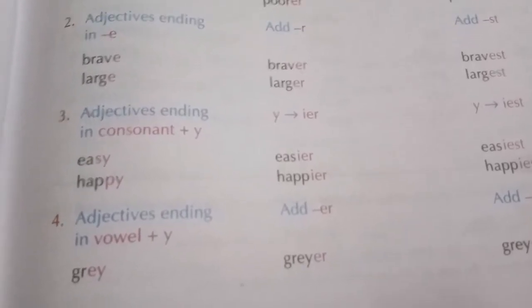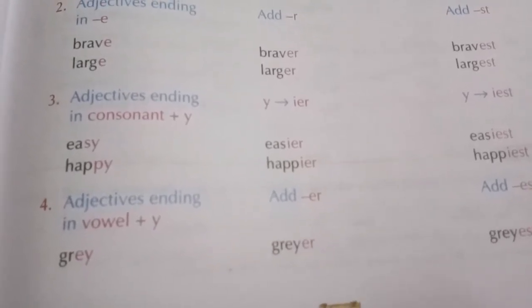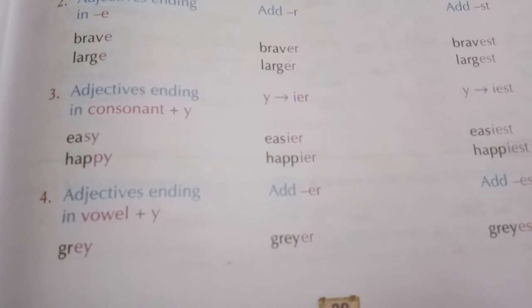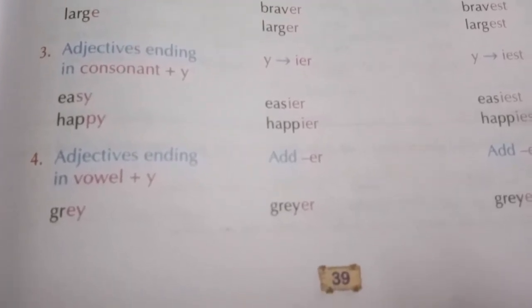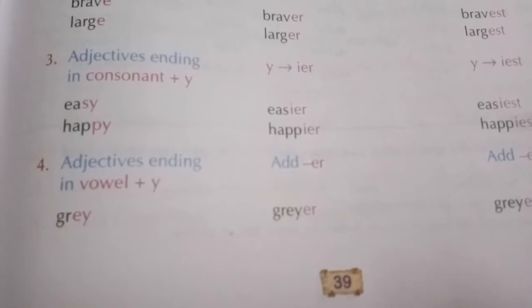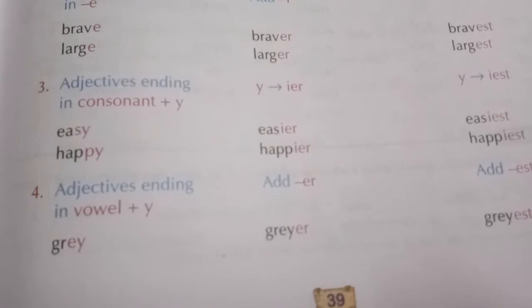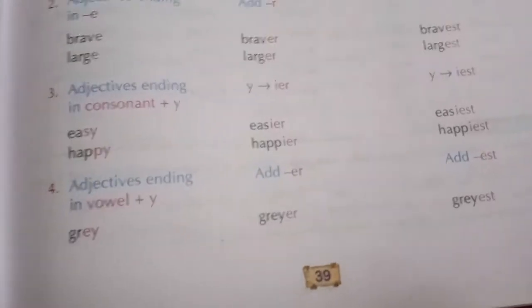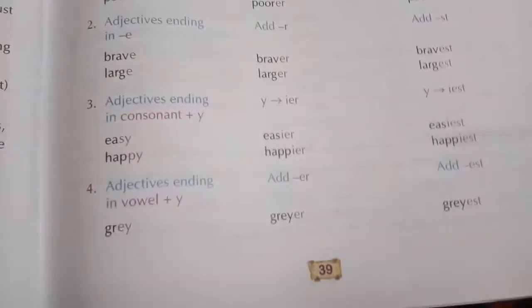Adjectives ending with Y, we omit Y and we add IER or IEST there. Adjectives ending with vowel plus Y. Vowel is A, E, I, O, U. When there is a vowel plus Y, we add ER or EST.